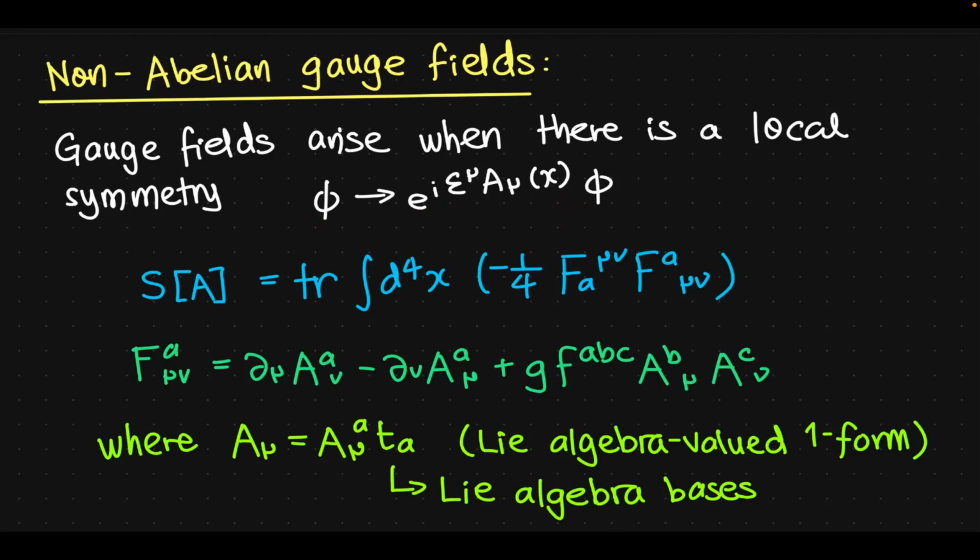So to actually take the derivative, one has to take into account the fact that we're at different points when we take the derivative, and therefore the transformation law is different, which is why we introduce the covariant derivative, to transform nicely like the field under such a gauge transformation.